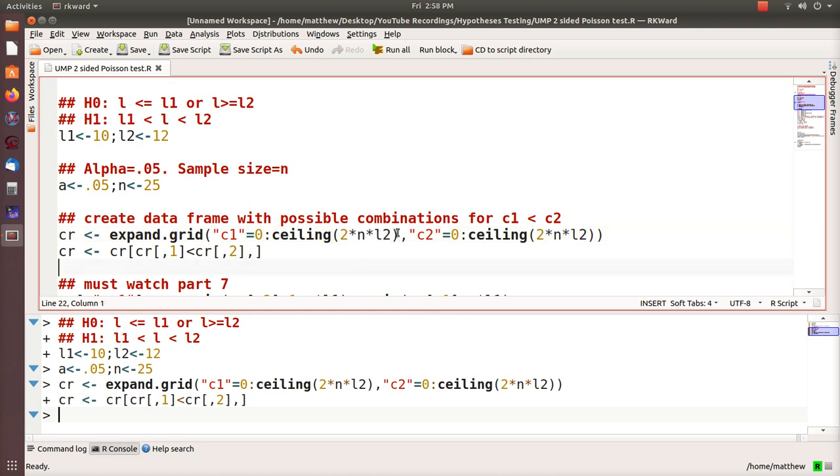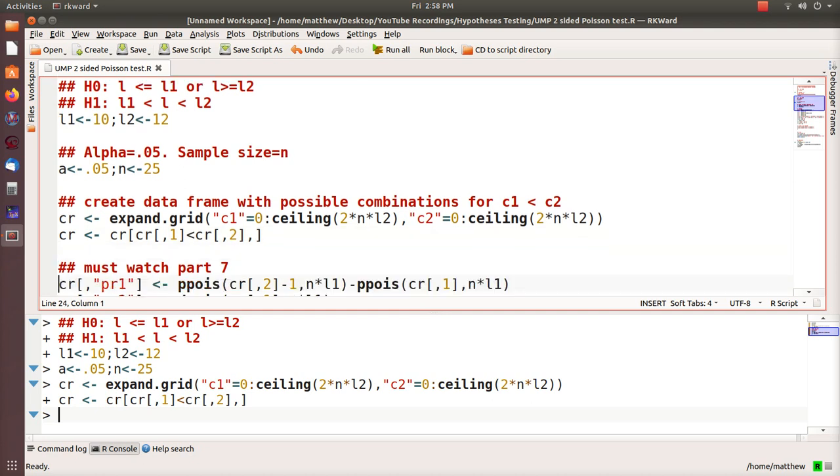Here the largest possible C2 value would be twice the mean of the larger, the lambda 2. And we just use that for both C1 and C2, and that creates possible C1 and C2 values that would be sufficient. And so that's what we just created there.